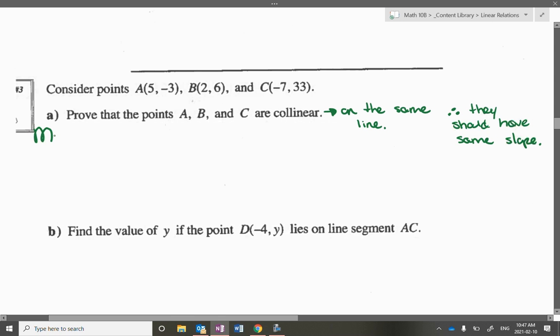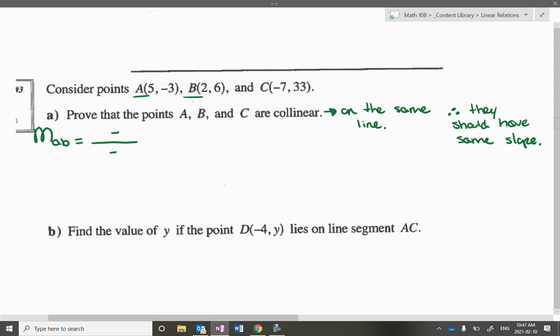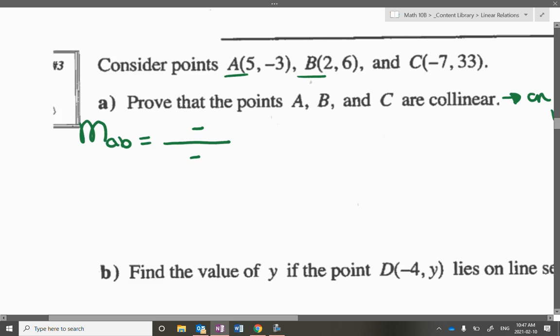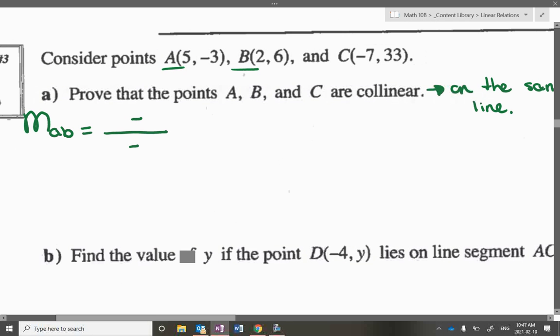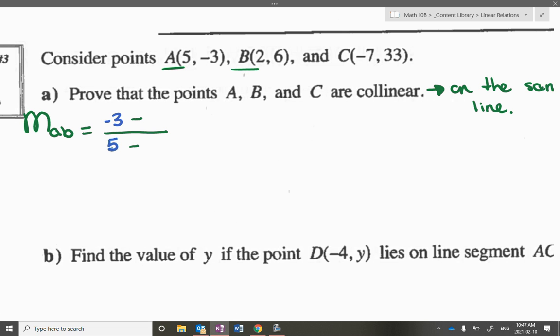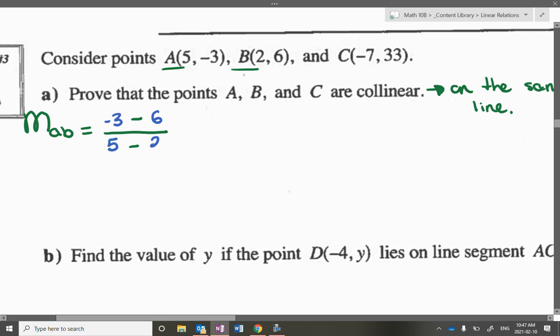Slope is defined by m of points A and B. It might be helpful to first draw your division line with your two subtraction signs, so that you don't forget to write down a negative, if you're a person that forgets things often. Myself, I always do. So for point A, -3 is my numerator, and then 5 is my denominator because it's y first, x new denominator. For point B, it's going to be 6 and then 2. So we're making sure that vertically our coordinates are together.